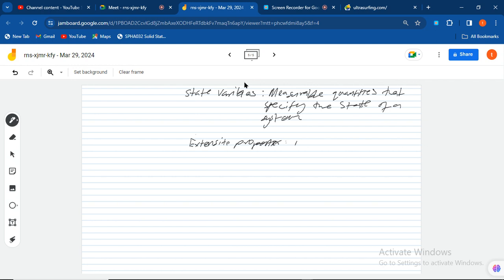These are properties or quantities, let's call them quantities, that are proportional to the mass of the system.